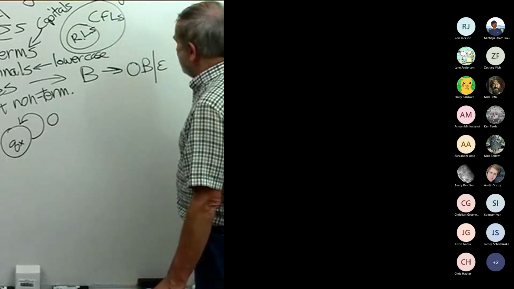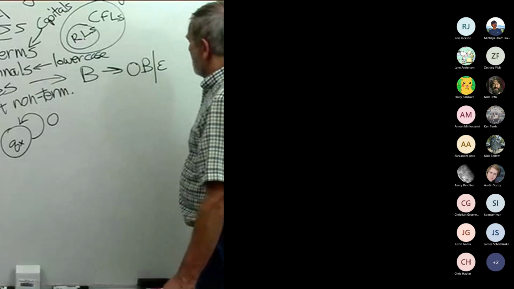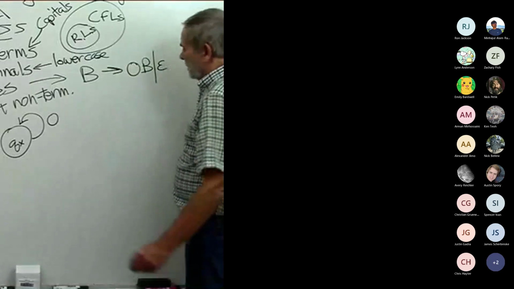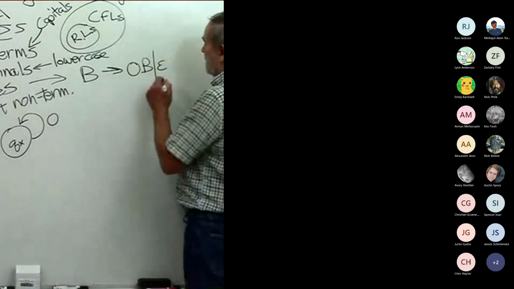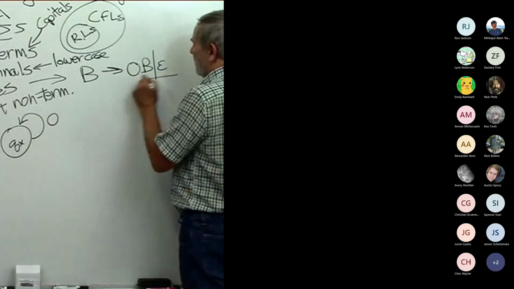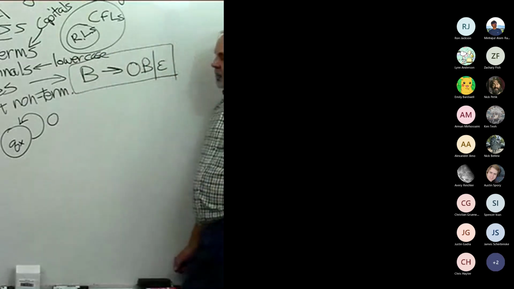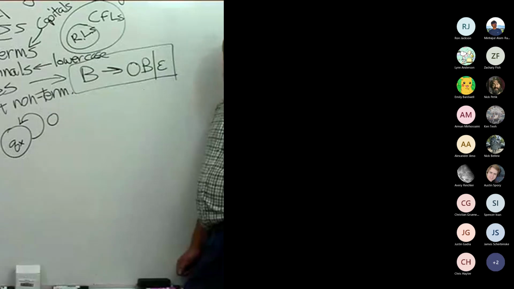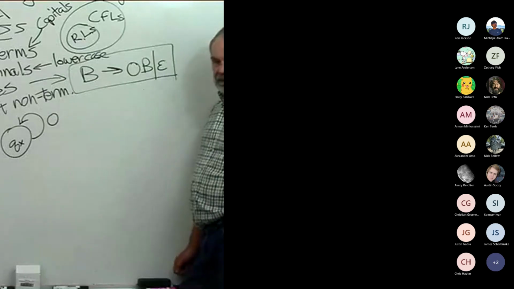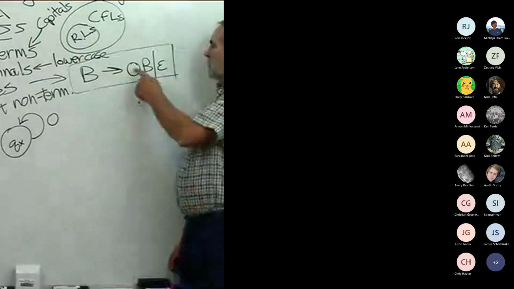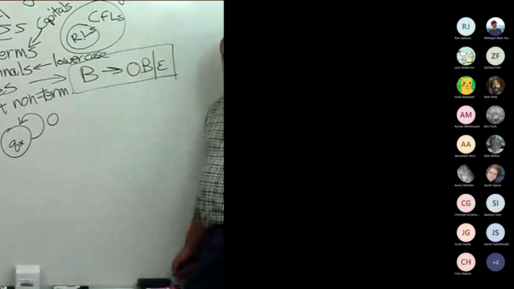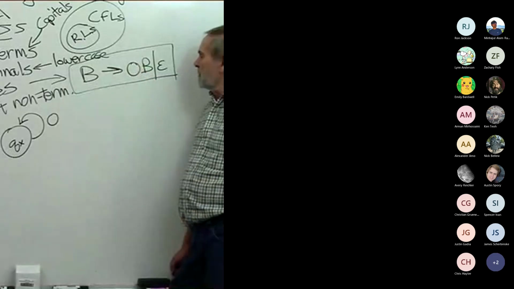So let's see. If this were our entire grammar, we'd have a single non-terminal B. Our terminal would be just one of them, a 0.